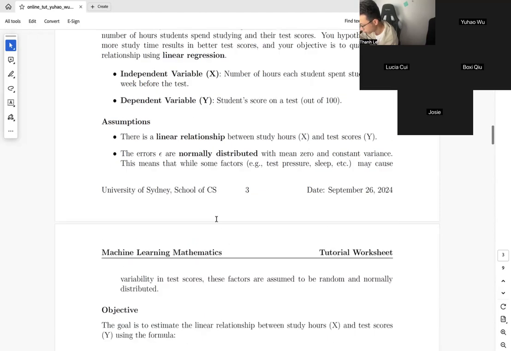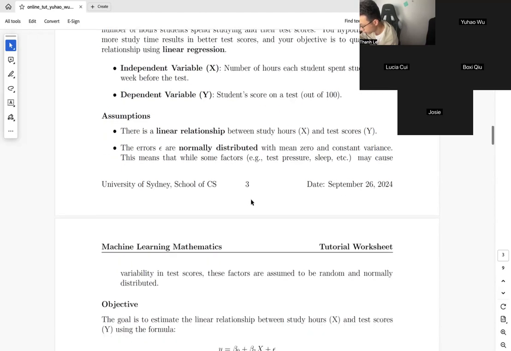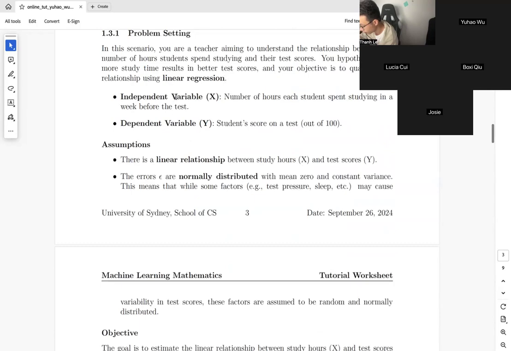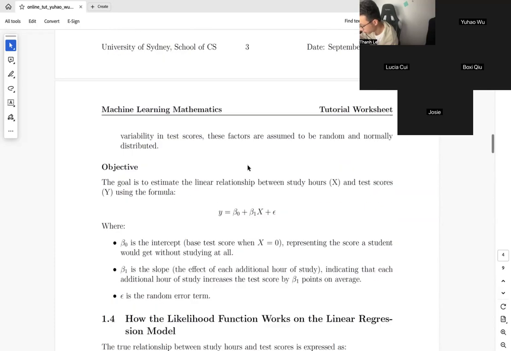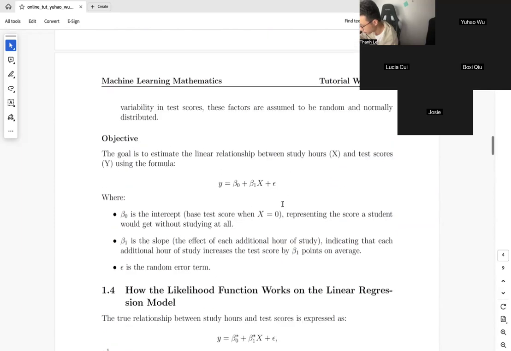Okay, if we want to use the maximum likelihood function, the first thing is we assume we have a linear regression for these variables. We also assume the epsilon is normally distributed with zero mean and some variance. For example, this is our estimation model.